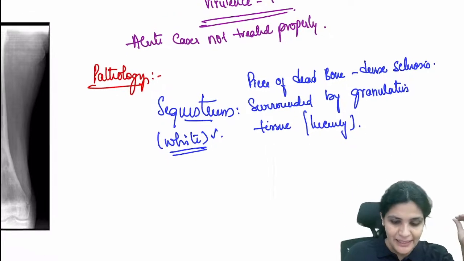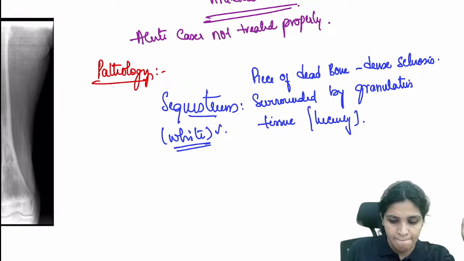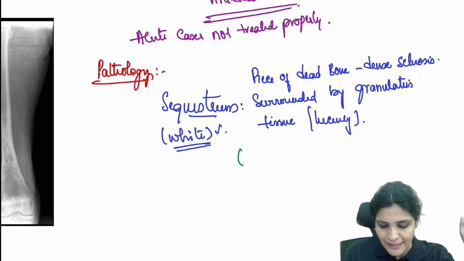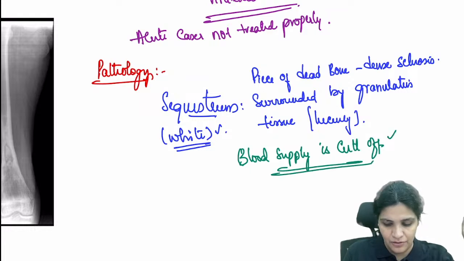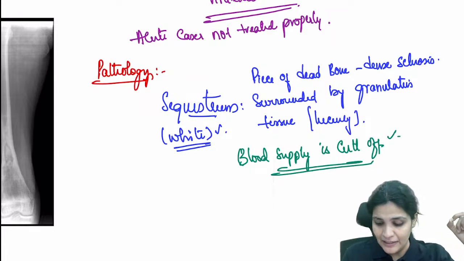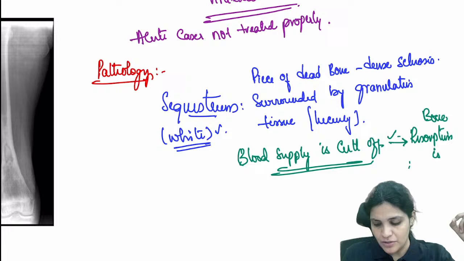Whenever something is dead, the blood supply to it is cut off, right? Even then it appears sclerotic. The reason it appears white is that whenever the blood supply is cut off, bone resorption is lost.